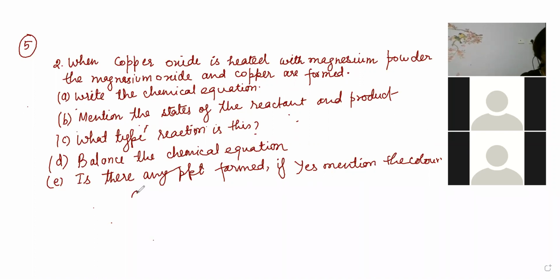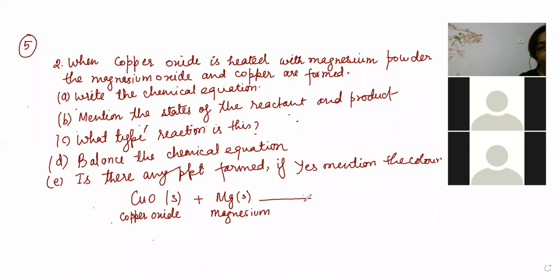Copper oxide in solid state, when reacted with magnesium in solid state and heated, gives magnesium oxide, which is in solid state, and copper, which will be solid. So magnesium oxide and copper. Now first question over.